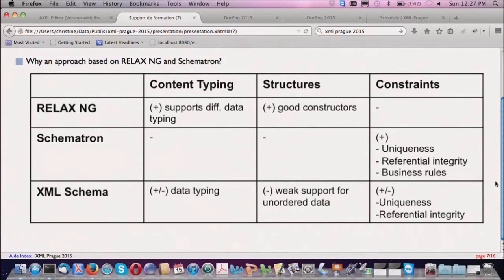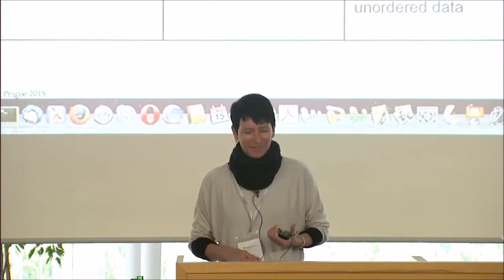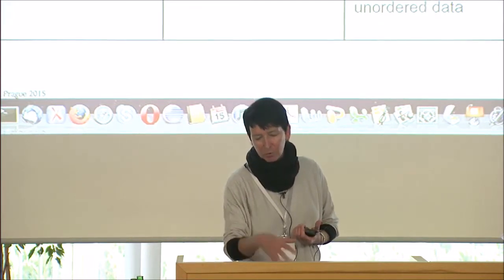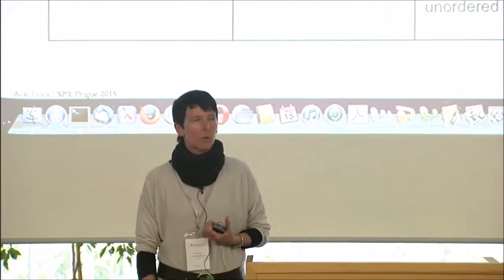We don't use XML Schema for different reasons. For instance, yes, data typing is not too bad, but we need to use this data typing system. There is very weak support for unordered elements. It's really the major argument. And for constraints, well, you can specify constraints about uniqueness, referential integrity, and so on.